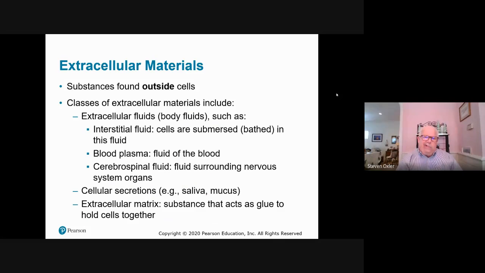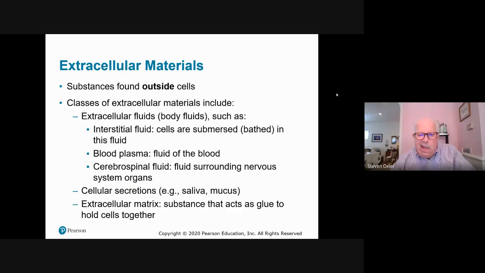So you have to separate substances that are found outside the cells and substances that are found inside the cells. Substances that are found outside the cells are called extracellular, outside of the cell. And these basically are body fluids. Interstitial fluid is the fluid between cells.